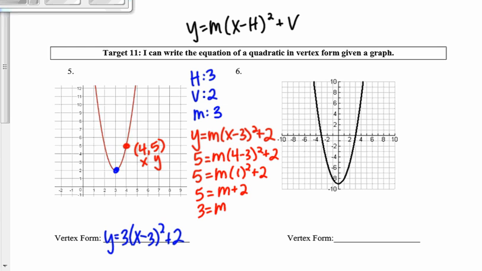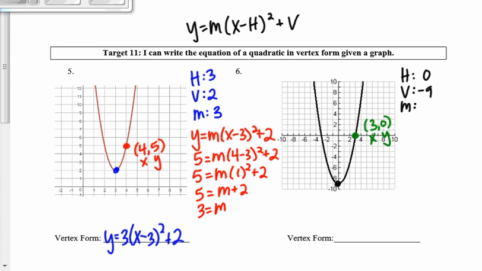Same process, new problem. We're going to look for h, v, and m. Starting with the vertex is at 0, negative 9. Then for our m value, we are going to find another point. I'm liking the look of 3, 0, x and y.